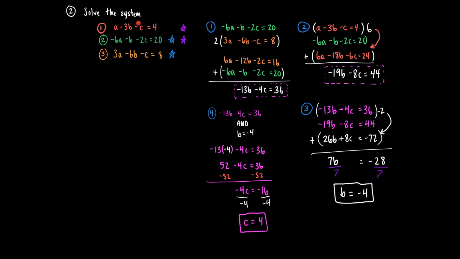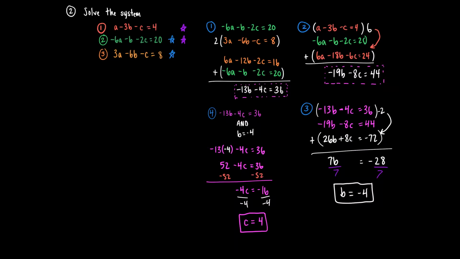Again, it doesn't matter which original equation you pick, although I like to be a little strategic about my pick. If I'm trying to solve for a, which one looks the best to me? I'm going to use this first one because it already has a all by itself there. I don't have to solve and then divide by 3 or divide by negative 6. That sounds terrible.